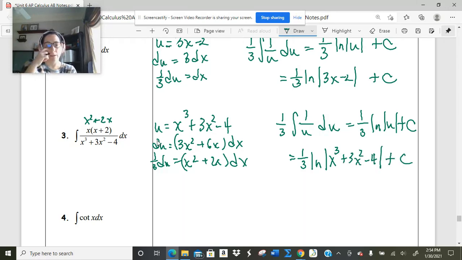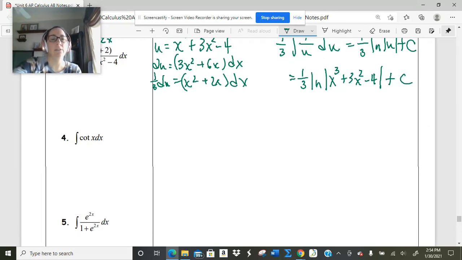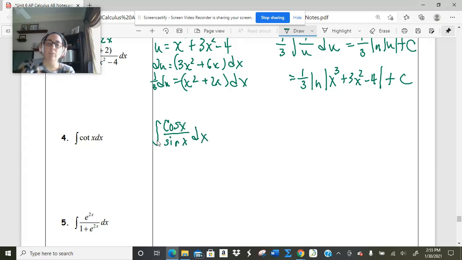Beautiful. Okay, so we had learned that we could memorize cotan, but I want to show you where it comes from. Same as tan. So cotan is the cosine of x over the sine of x. And remember, if I have to pick one of these to be u, I always want to pick the denominator. And look at how beautiful this happens. What's the derivative of sine?